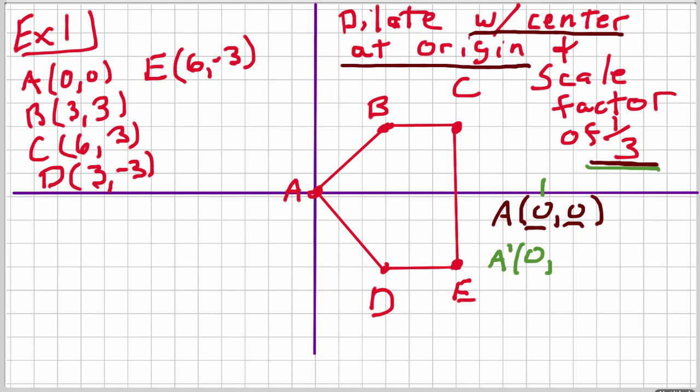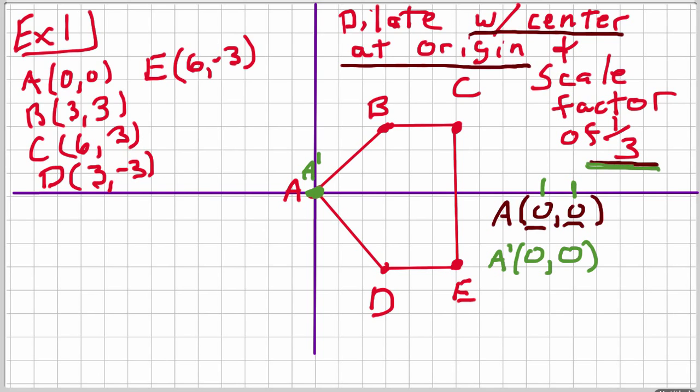If I do the same thing with my Y coordinate, I'm going to times that by 1/3 again, and I get 0 again. Now, this is kind of normal, so don't fret about it. I'm going to plot that point, okay? Even though it didn't change, right there's my A prime point. That's just part of the dilation.